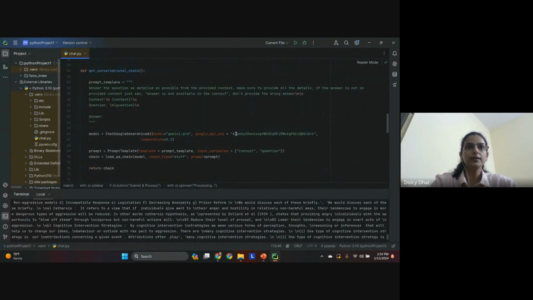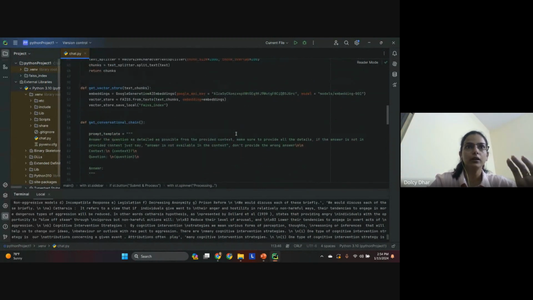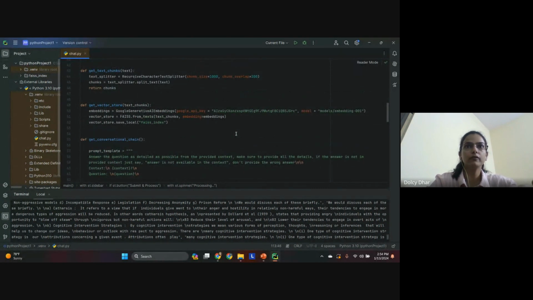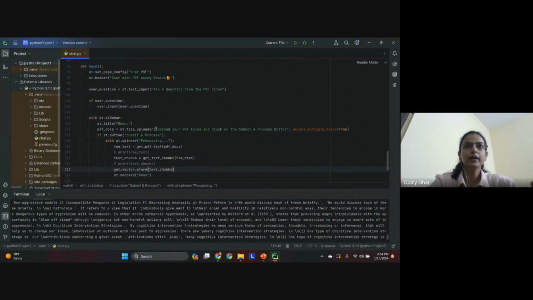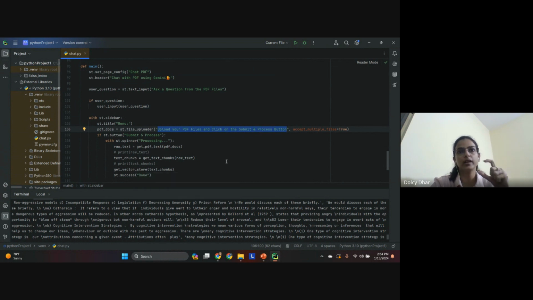Over here, I am submitting external PDFs. These PDFs are converted into chunks, these chunks are then vectorized, and these vectorized text chunks are sent to the LLM. So these are external documents. This is what RAG does, basically adding to the knowledge of the LLM.